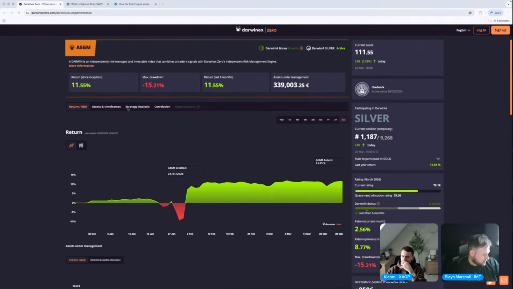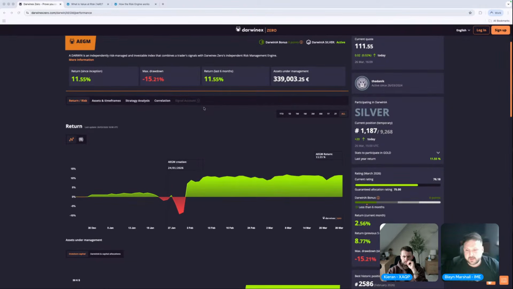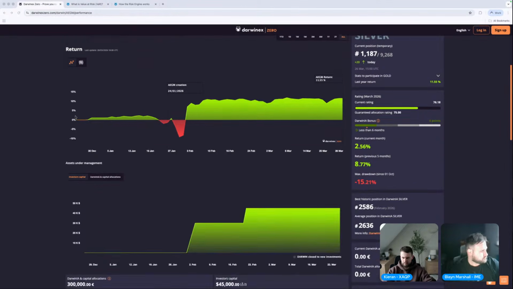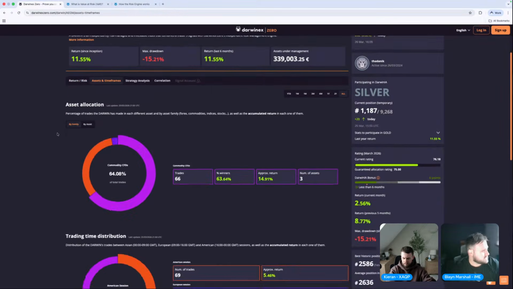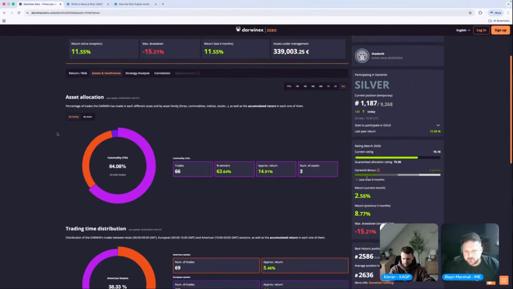Again, it is a reasonably difficult one to answer and give a defined, this is exactly what you need to do. But there are a few things we can go over today that we know will have a knock-on effect on your multiplier. If we go to the assets, for example, we have had increased volatility on gold and silver.